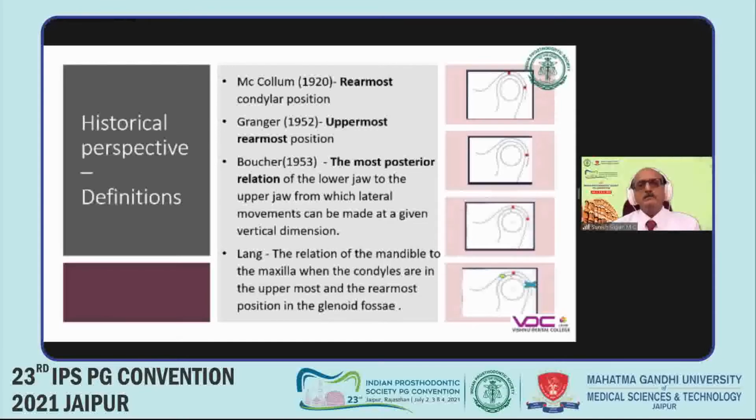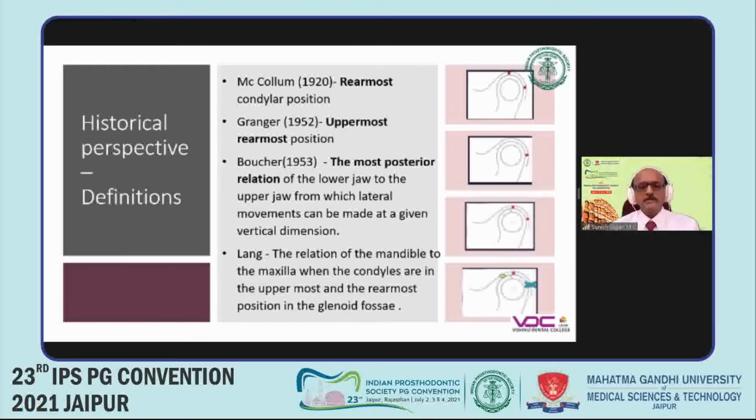And then he said, by his studies, while presenting the terminal hinge axis, that it was the most rearmost position. And then Granger said uppermost position, and then Boucher said it's a most posterior relation. Because all that they used to think at those days is how to put the mandible in a backward position.